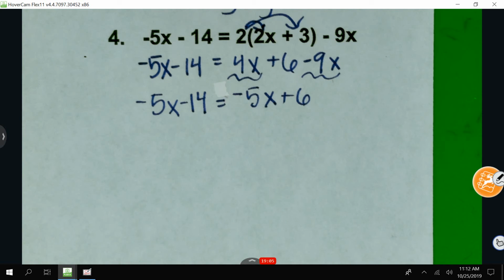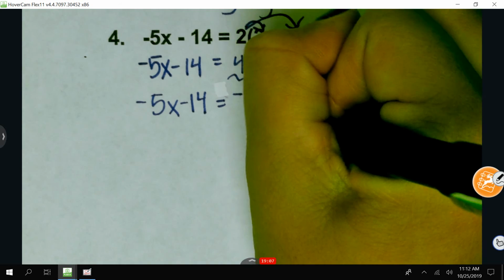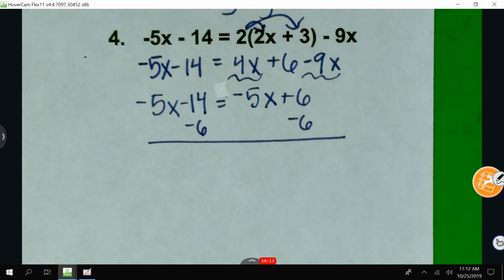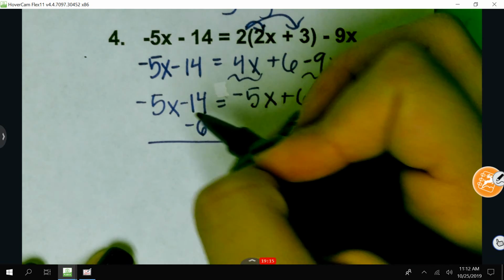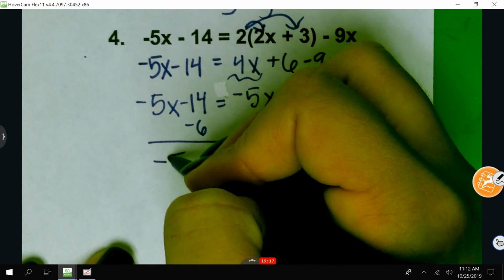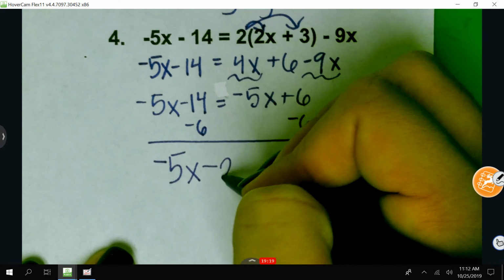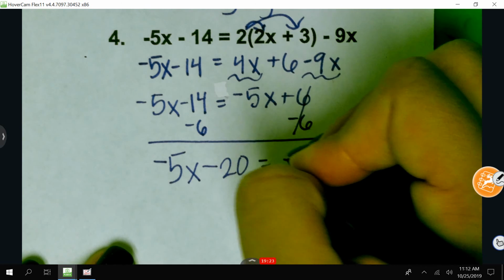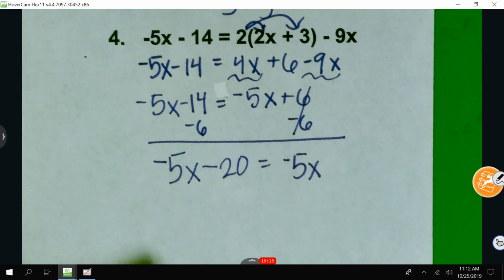Subtract 6? Okay. Guys, you need to be writing this down. So, what is negative 14 minus 6? This is negative 5x, right? Okay, negative 5x minus 20 equal negative 5x?